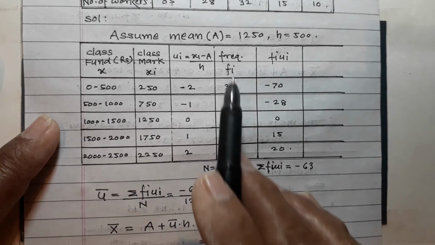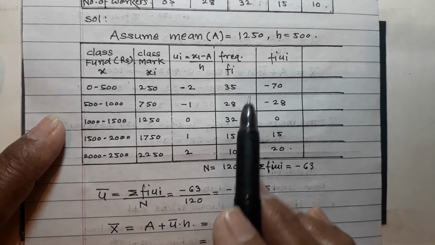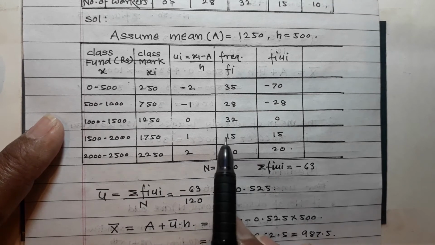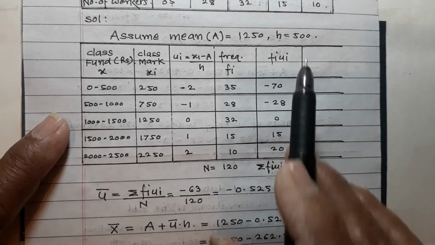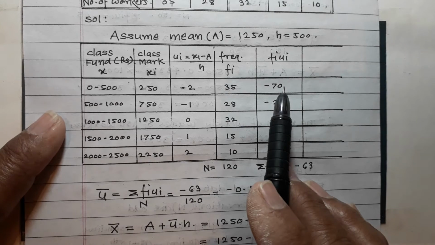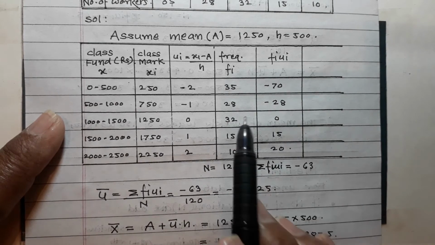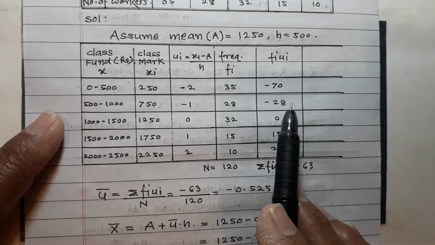Then write down fi, that is frequencies: 35, 28, 32, 15, 10, and then find fiui. So fiui is equal to this into this, that is minus 70. This into this is equal to minus 28.